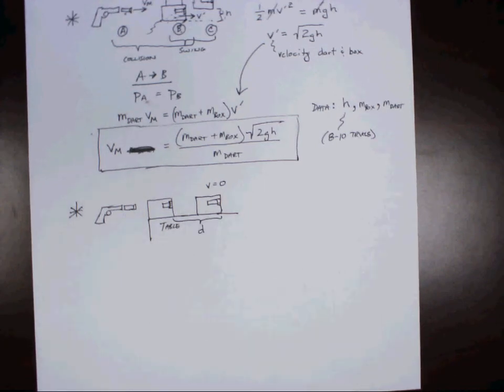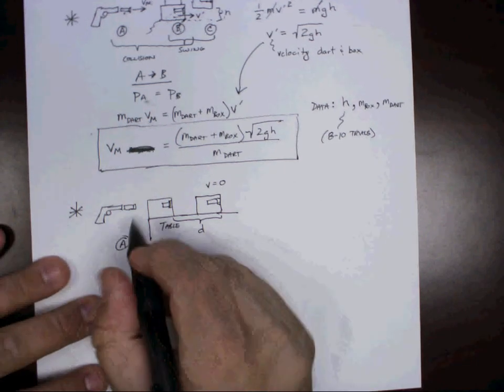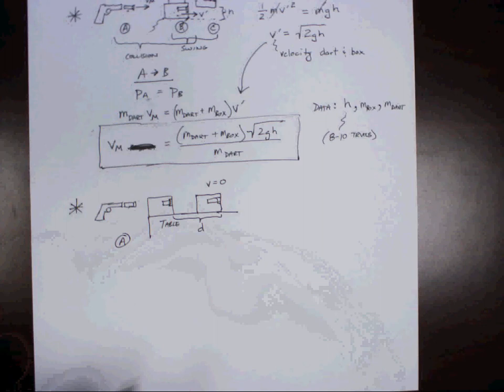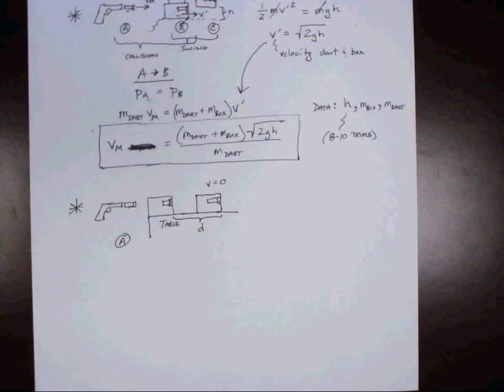But I really like this next energy momentum method. In this, we're going to take our dart and shoot it into a box that's sitting on a table. And the bullet's going to hit the box just like before.